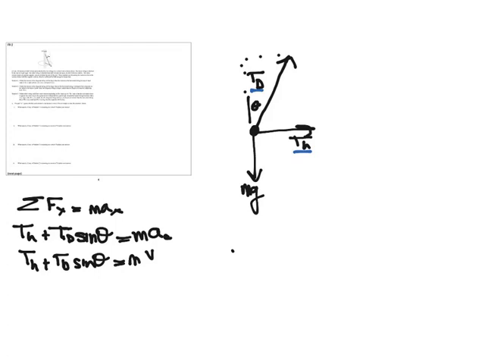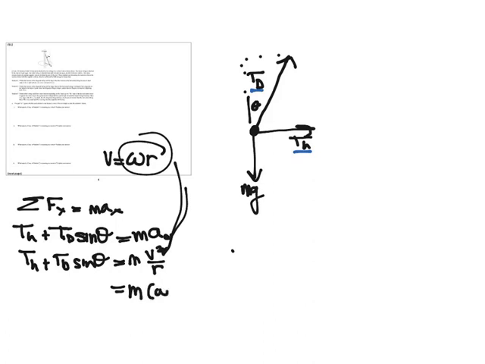I know that ac is v squared over r, but in this case, they tell me about the angular speed, not the velocity, and I know that v is equal to my angular speed, omega, times r. So I'm going to plug it in for v. It's equal to m (omega r) squared over r.